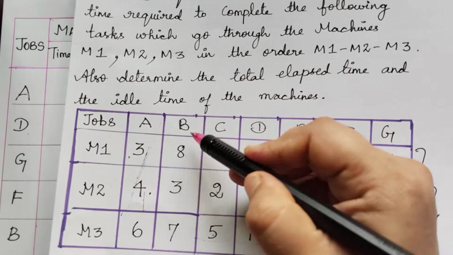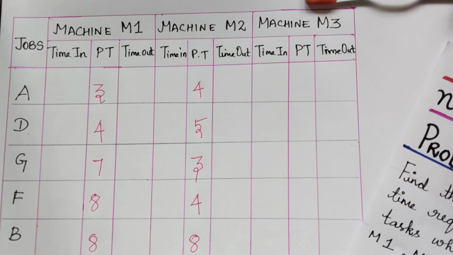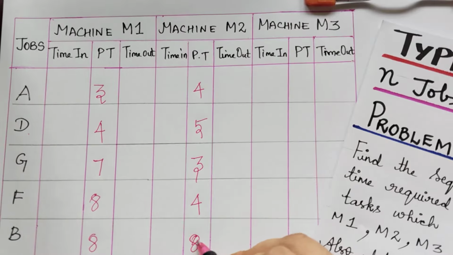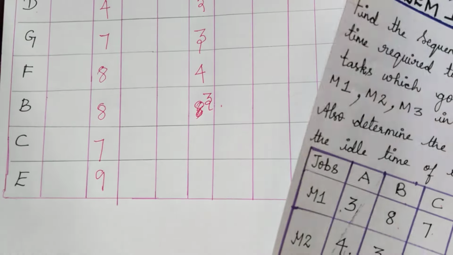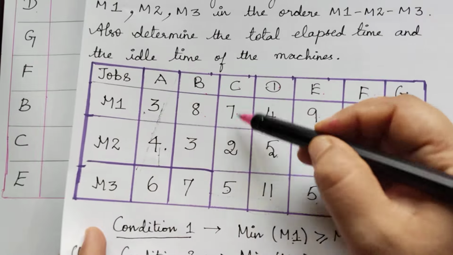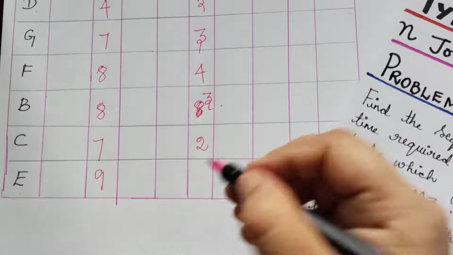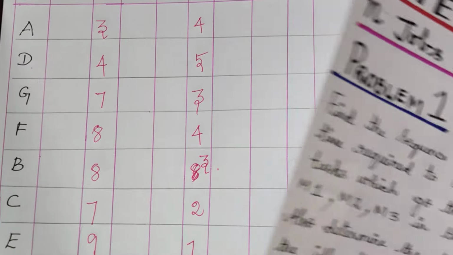For B, it is 3. And then for C it is 2. And for E it is 1. So while taking and writing, do it very carefully.